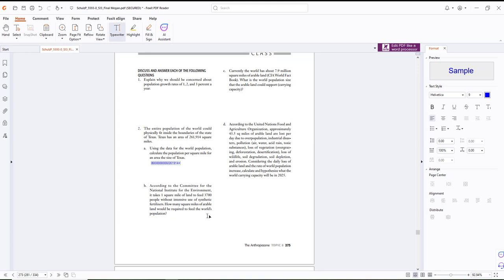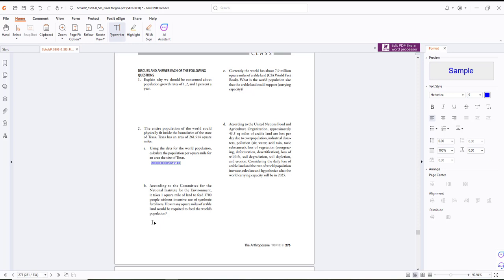Okay, and then from there, you'll figure out it takes 1 square mile to feed 3,700 people without intensive use of synthetic fertilizer. So how many square miles of arable land would be required to feed the population? So think about, if 1 square mile feeds 3,700 people, and we have 8.1 billion people, how many square miles will that be?